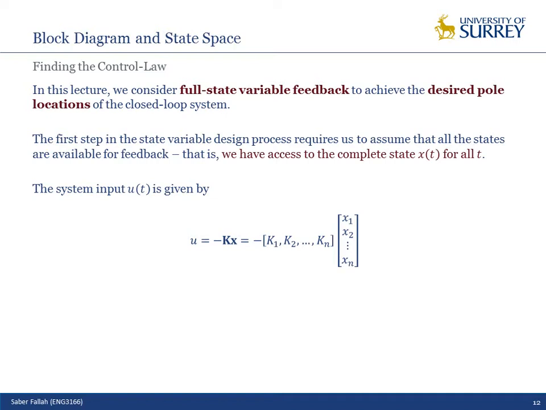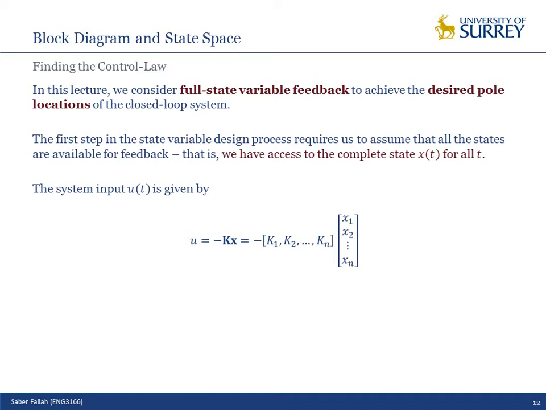Exactly. Look, assume I have a PID controller. I have three gains, k1, k2, and k3. What are the states? Error, integral of error, and differentiation of the error. I can define three states and three gains.